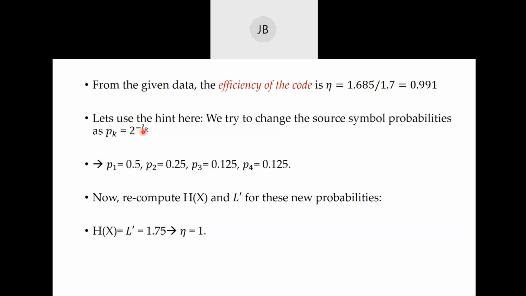That is what the hint says: consider the varying, altering lengths, and then find the new probabilities. Using the new probabilities, you find the new values of H(X) and L', and that gives you a new value of efficiency, the maximum efficiency we can achieve. So this is how we find the efficiency value.